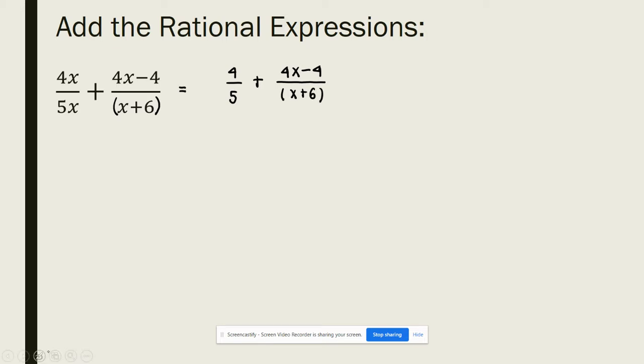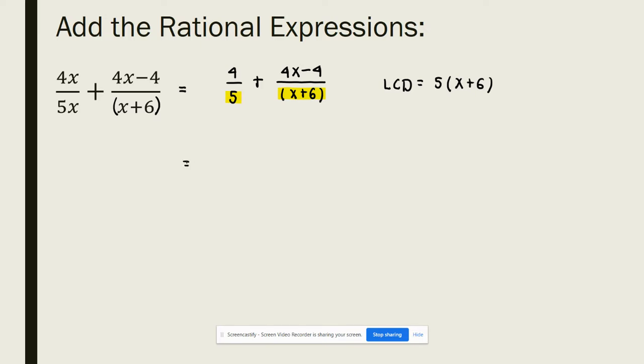But now that I see that my two denominators are really a 5 and then an x plus 6, because those are two very different denominators, put them together, that becomes your least common denominator. And so that's what I want my denominators for both of those terms to turn into.